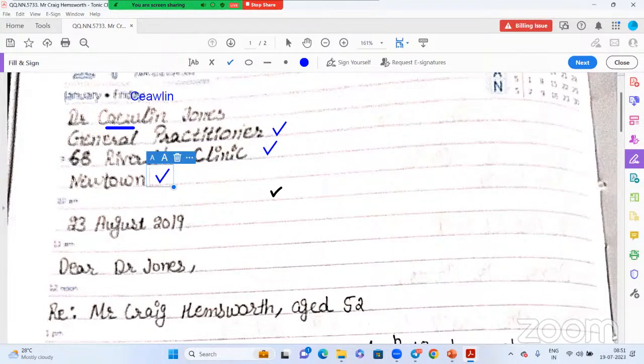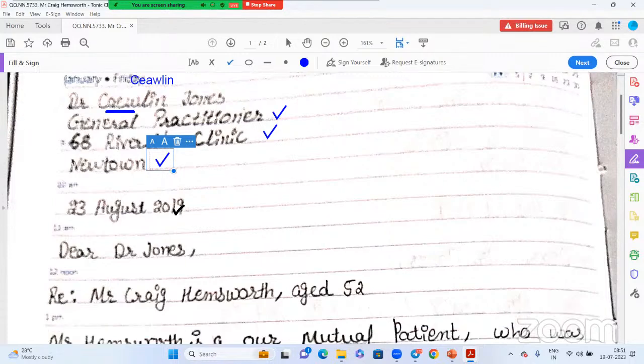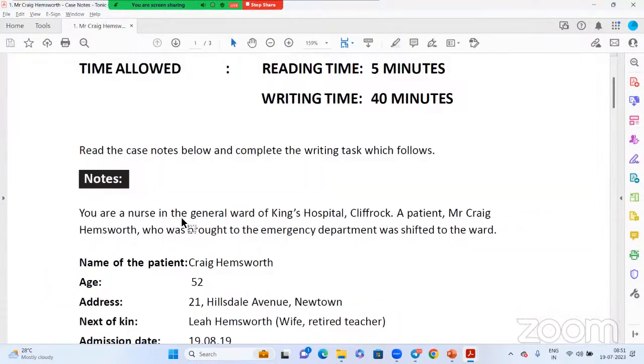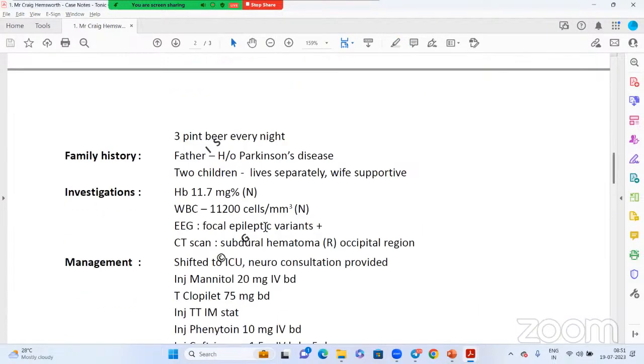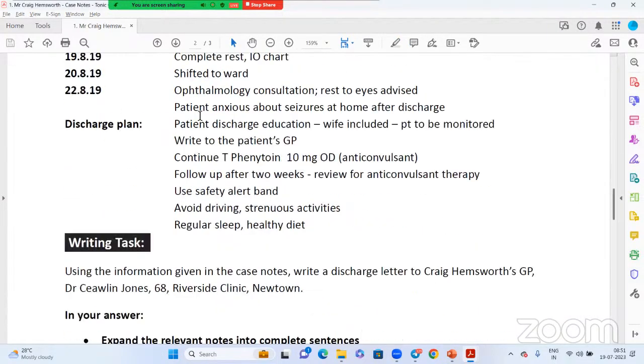Right. So we have done Craig Hemsworth, general practitioner. Okay. Right. The date is 22/8, shifted to 22/8 ophthalmology consultation.